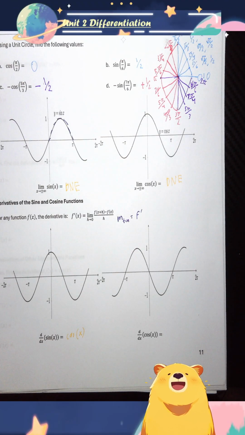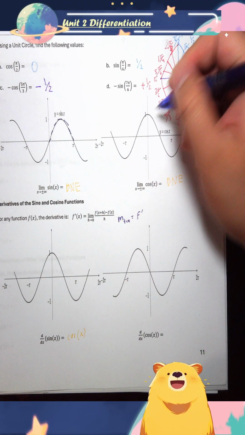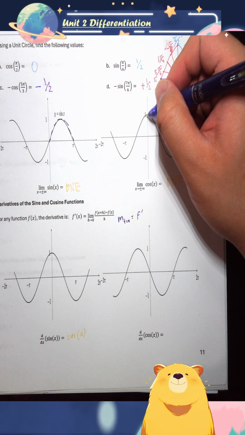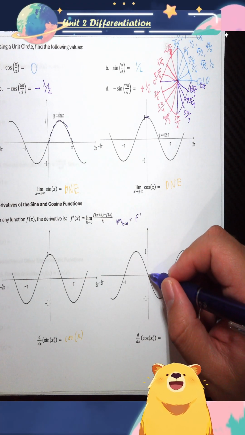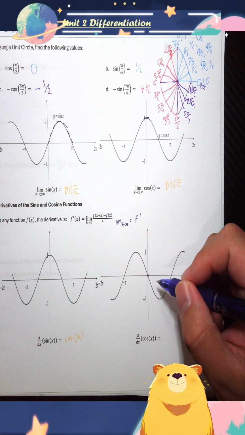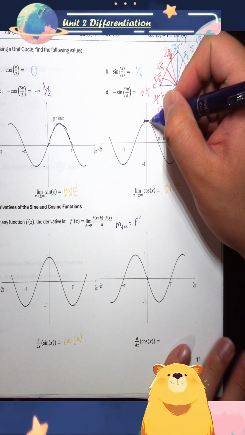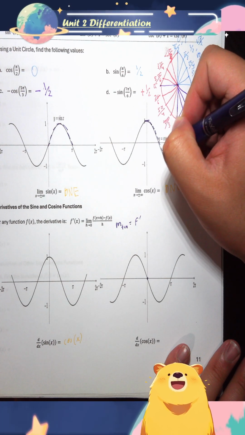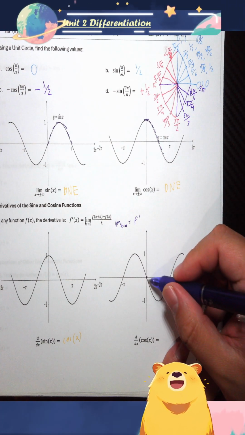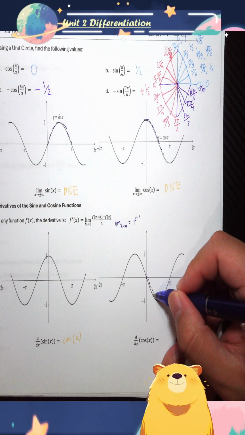Let's look at cosine. Cosine at 1 has no slope. Over here, we note that by putting that point in the middle. And then, as it goes to the right, it starts having a negative slope.